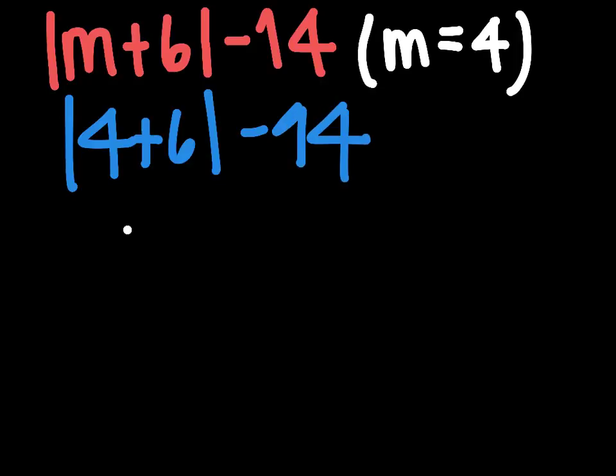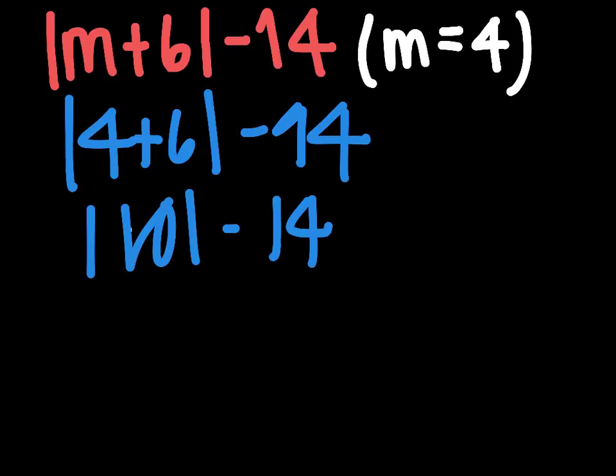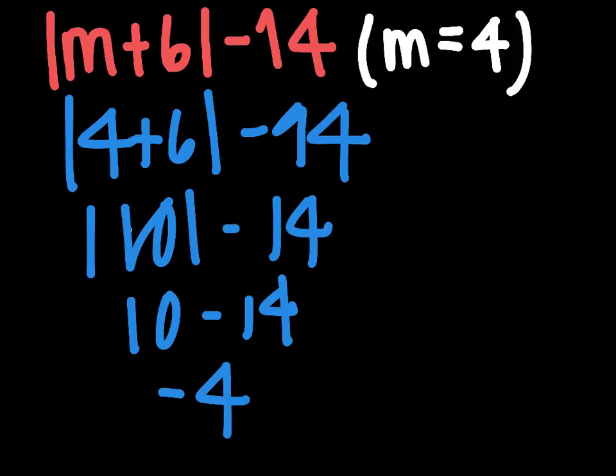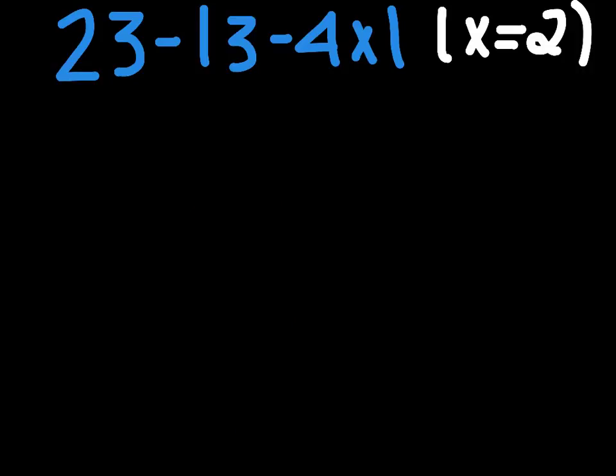And we remember an absolute value basically turns it into a positive number. So this goes down to 10, and the absolute value of 10 is 10. So 10 minus 14 is negative 4. That's your answer. Really simple. So go ahead and try to do this one on your own. And when you're ready to check, unpause the video.